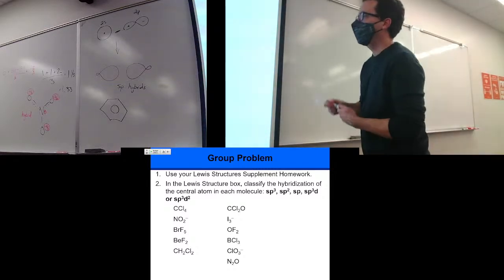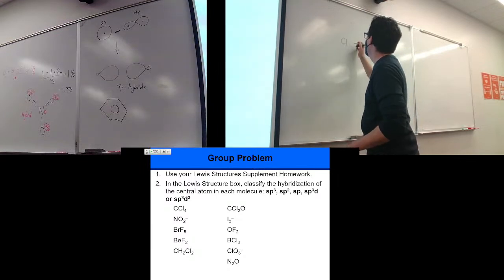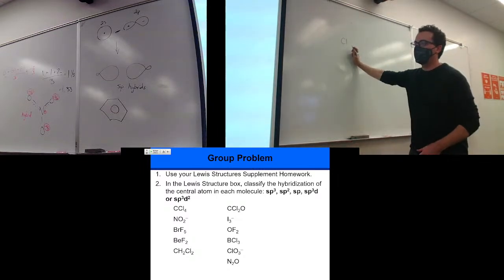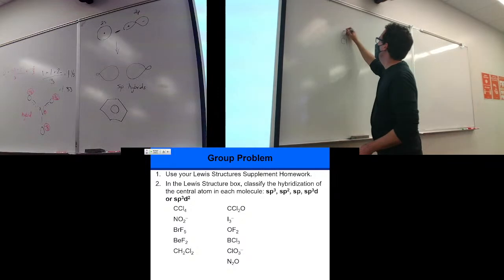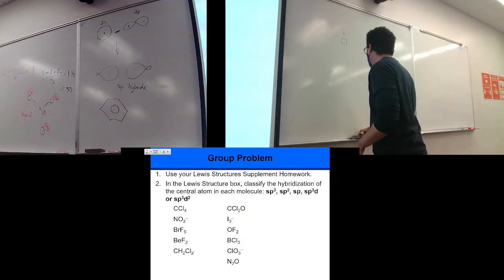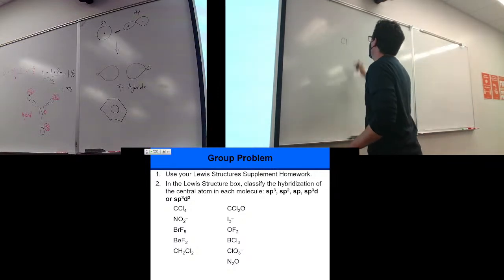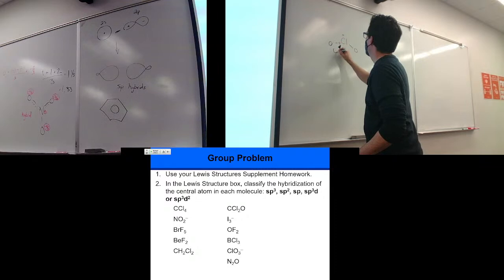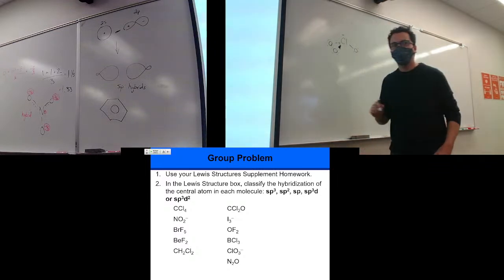for instance, ClO3 minus, this is chlorate. The Lewis structure, there's a couple different ways you could have done it. If you did it like this, that's fine. This is not the best structure according to formal charges, though.